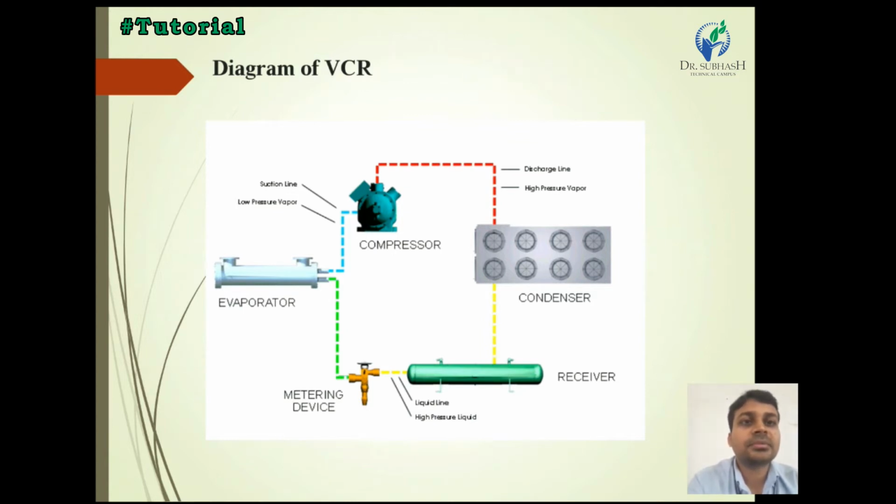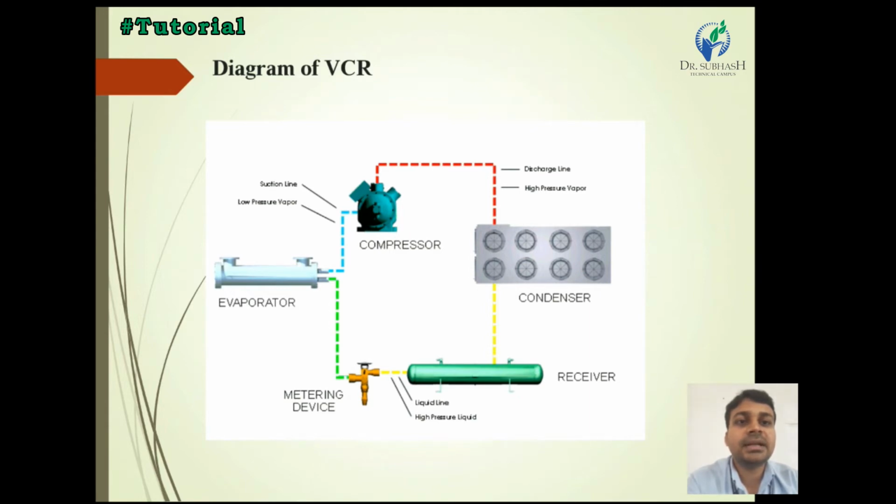After the compression process, the temperature and pressure rise. The red line indicates that the refrigerant pressure and temperature go high. The yellow line between the condenser and receiver indicates constant pressure and heat rejected to the atmosphere.